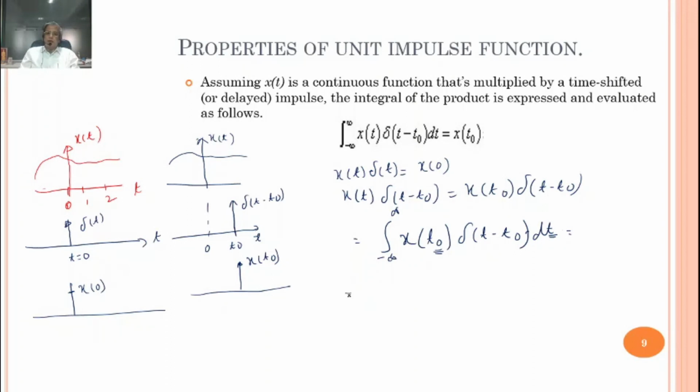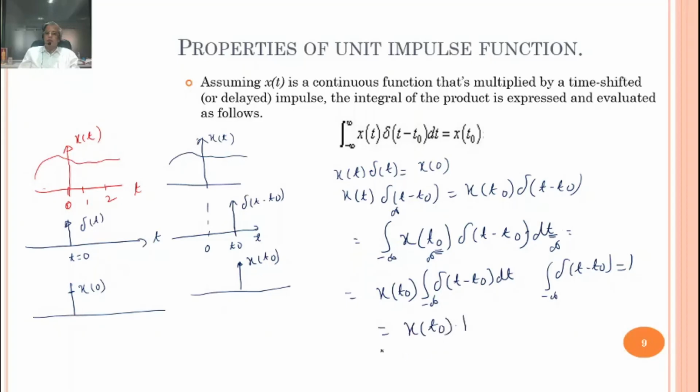Hence we take it outside the integration and integrate this. The area under the delta or impulse function is 1, so the integral from minus infinity to plus infinity of delta t minus t0 equals 1, and this becomes x of t0 into 1. Means the integration of this term equals x of t0.